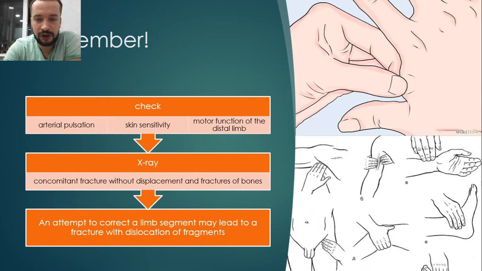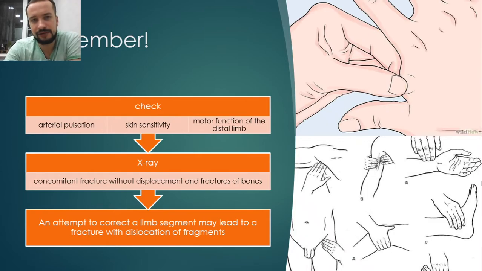Mandatory in the recognition of dislocation is an X-ray examination, without which it is impossible to establish the presence of concomitant fracture without displacement and cracks of the roots. Subsequently, when attempting to correct a limb segment, a fracture may occur with the displacement of fragments.